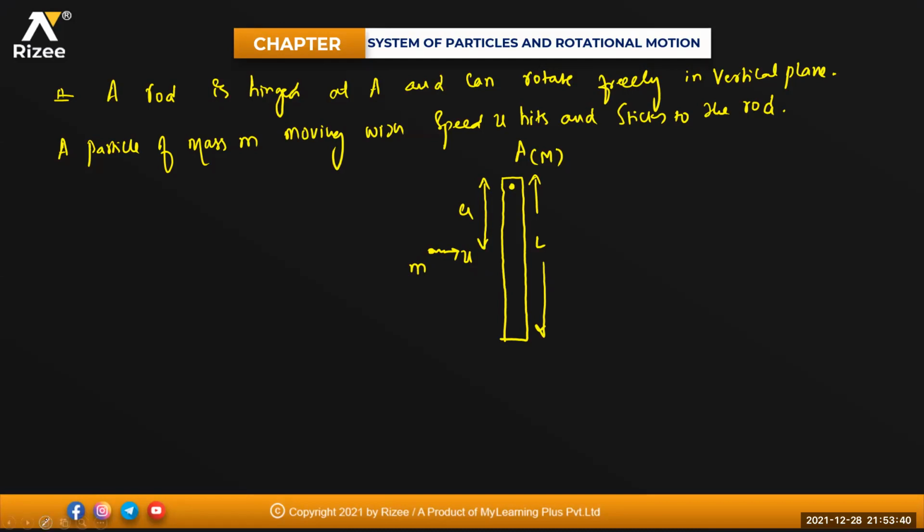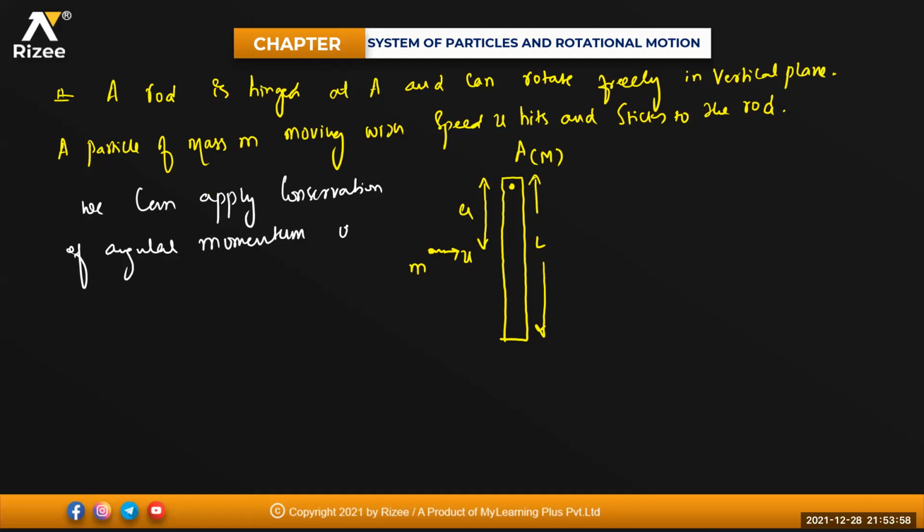So what I can do is apply conservation of angular momentum, only at point A. That means the initial angular momentum of the particle, m into u into A, must be equal to I into omega.